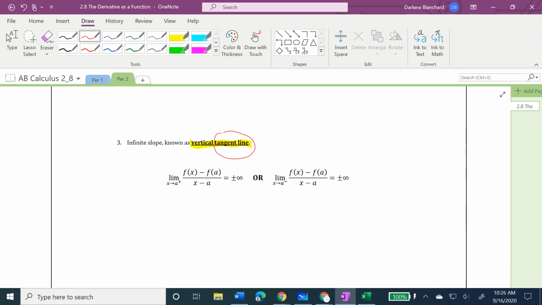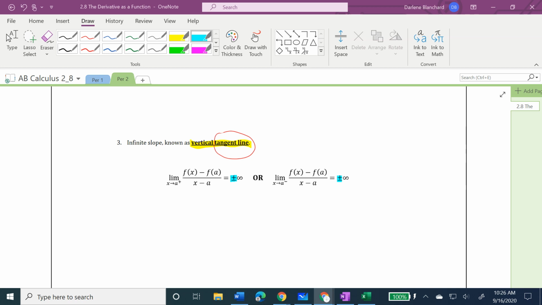So a vertical tangent line is going to occur if a one-sided limit, or maybe both sides of the rate of change, are approaching either positive or negative infinity. And I'm trying to write 4 different limits as 2 limits by putting the plus or minus, because it's tiresome to even have to write it twice. But you only need to write one of these to express vertical tangent line.